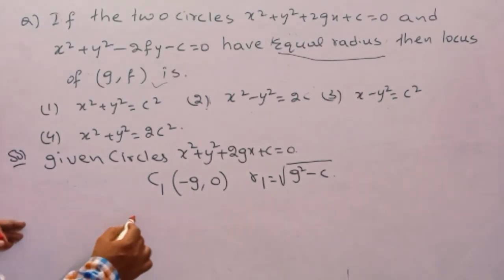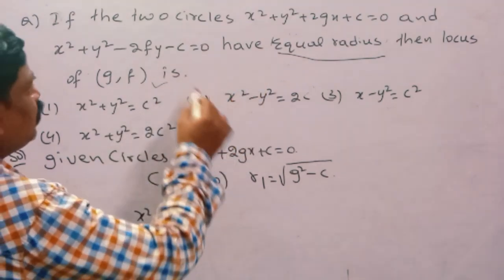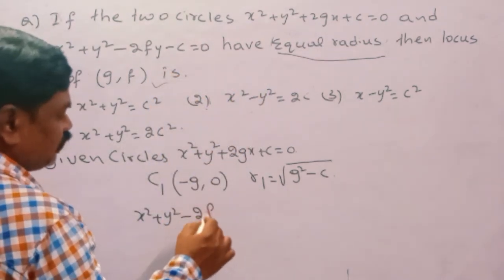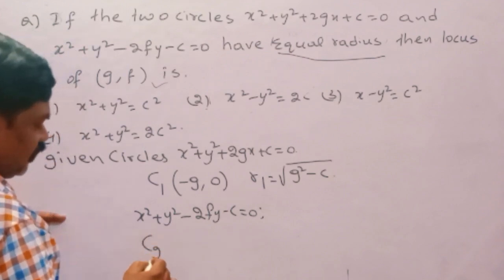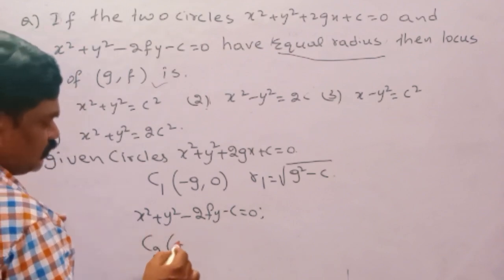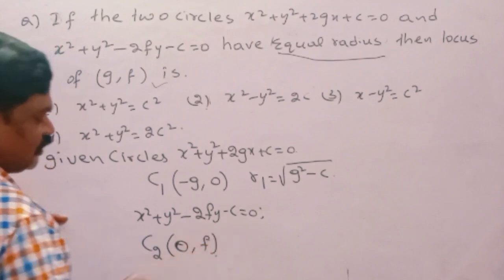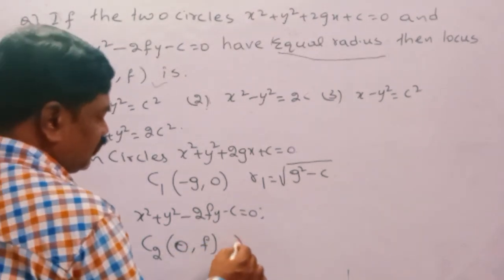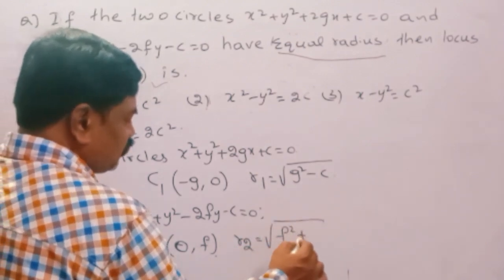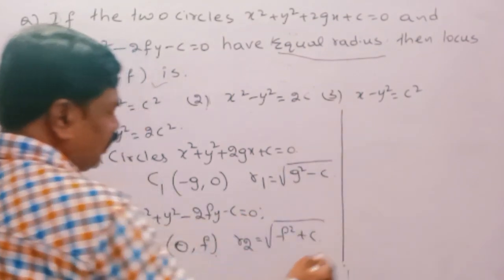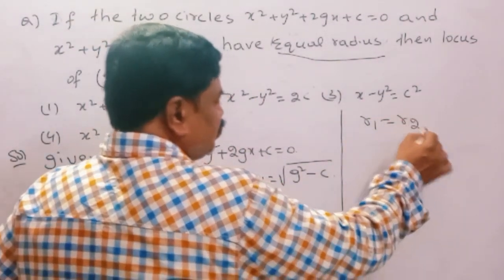One more circle is given, x square plus y square minus 2fy minus c equal to 0. The center of circle C2 is 0 comma f, and the radius r2 is root over f square plus c. Also it is given that the radii are equal, r1 is equal to r2.